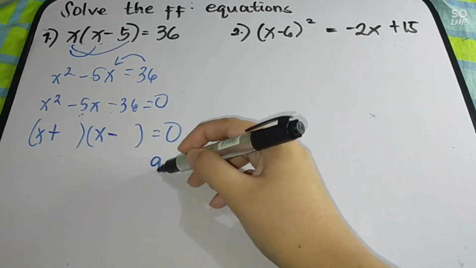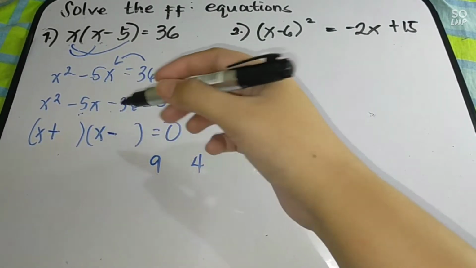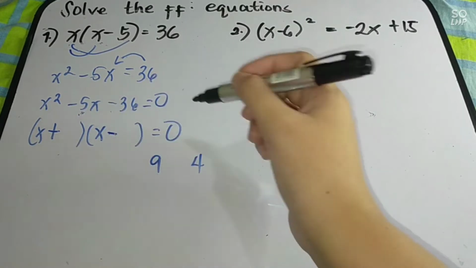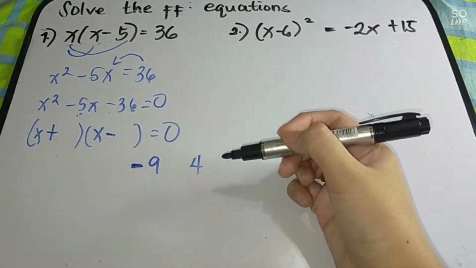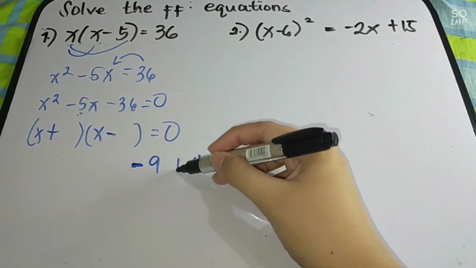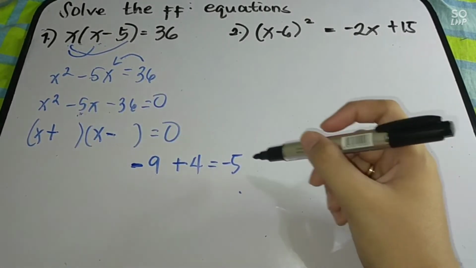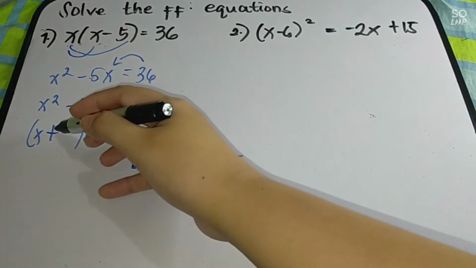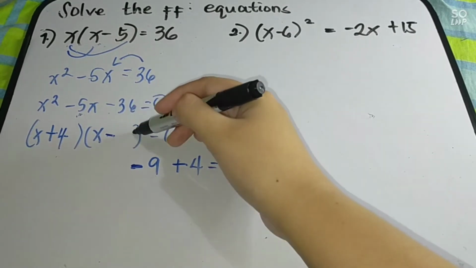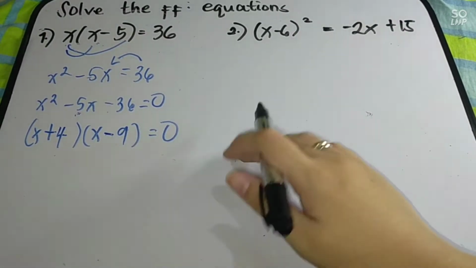So, we have here 9 and 4, right? If you subtract 9 minus 4, the answer is 5. Since it is negative, the higher number needs to be negative. So, negative 9 and positive 4. The answer is negative 5. There, negative 5 came out. So, therefore, on the plus, I will place 4. On the negative, I will place 9. So, that is the factor.